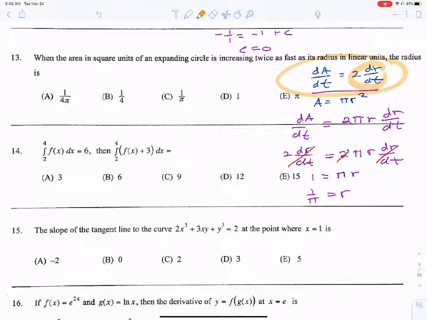Okay. In regards to number 13 that I kind of butchered a little bit, do you have any other follow-ups? Anything I need to clear up? Okay, then let's look at number 15.